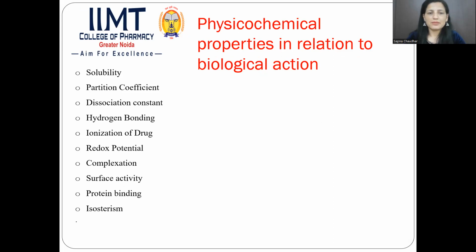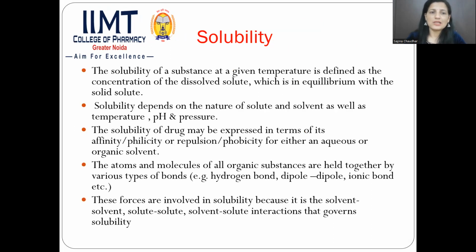These are the parameters which affect the biological action: solubility, partition coefficient, dissociation constant, hydrogen bonding, ionization, redox potential, complexation, surface activity, protein binding, and isosterism. Optical isomerism or geometrical isomerism is also included in this list. So, the first one is solubility.